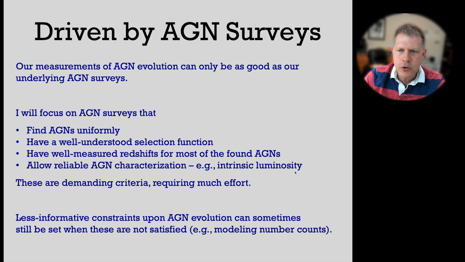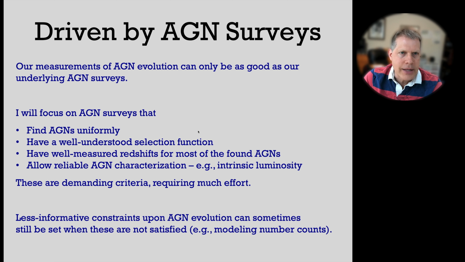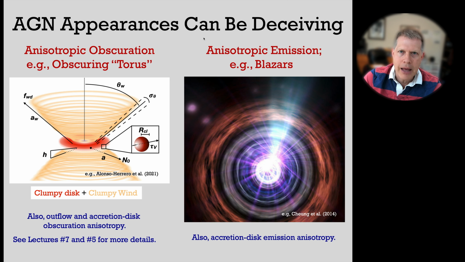I will remind you from our lecture again on finding AGNs that AGN appearances can be complex and deceiving. We know that you often have anisotropic obscuration present in AGNs. This is the schematic that we talked about when we discussed the obscuring torus, and that is in quotes because it's no longer strictly just pure torus structure anymore.